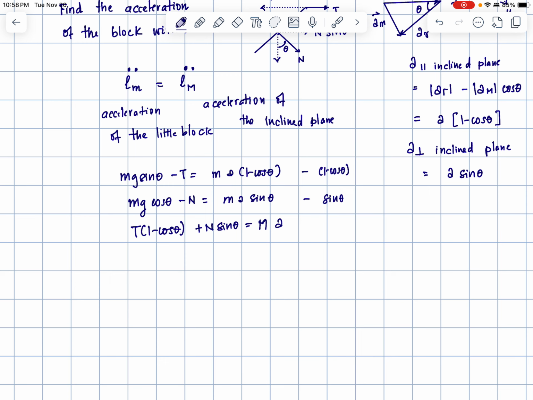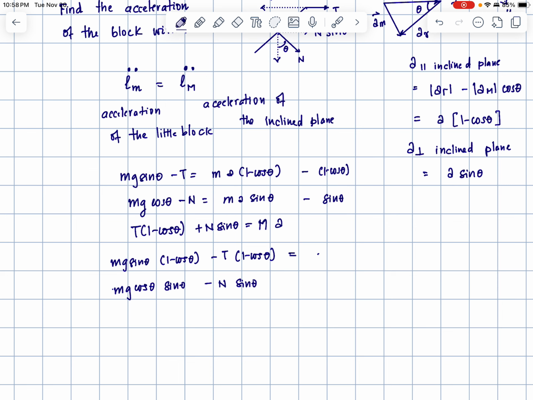So we have mg sine theta times (1 minus cosine theta) minus T times (1 minus cosine theta), and to that we add the bottom equation multiplied by sine theta: mg cosine theta sine theta minus N sine theta.